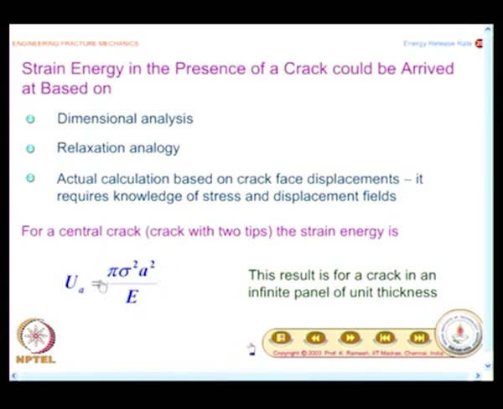Another aspect also I pointed out that this is obtained for an infinite panel of unit thickness.